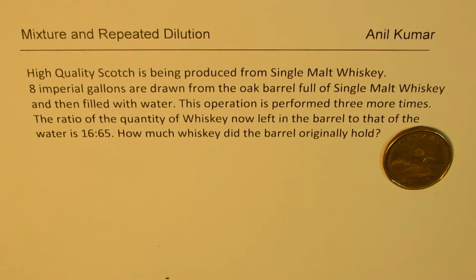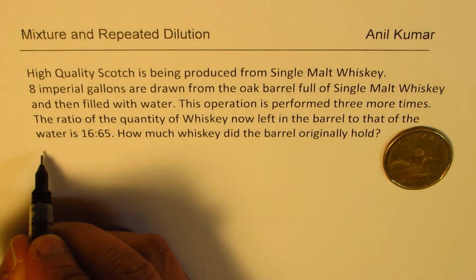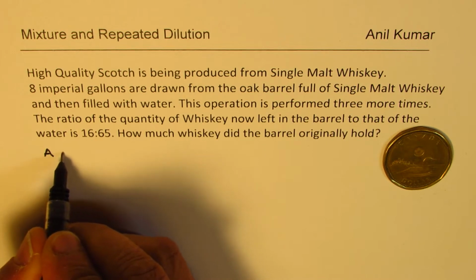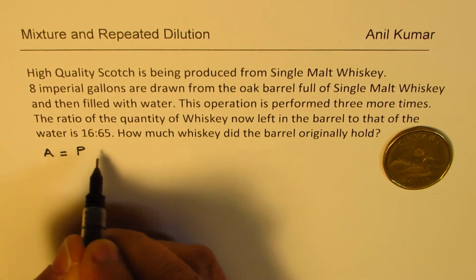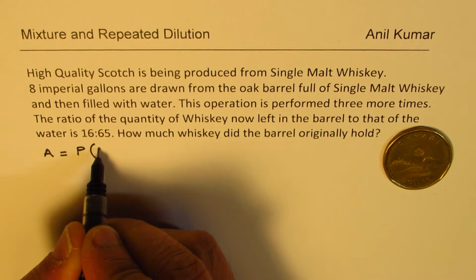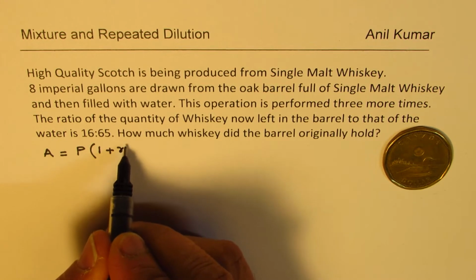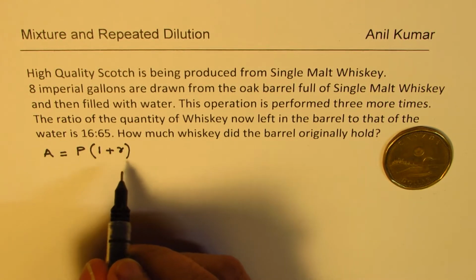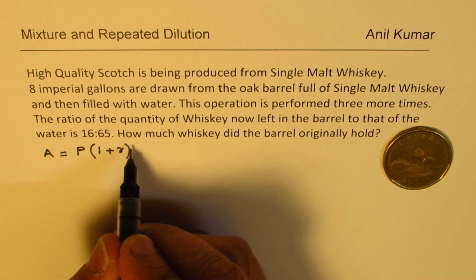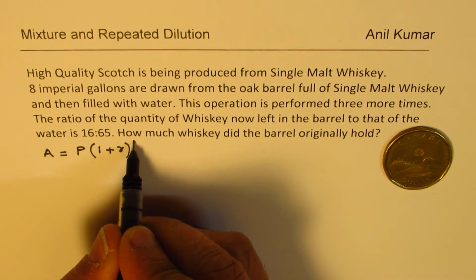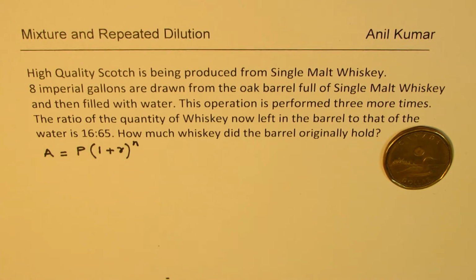In compound interest, the final amount A depends on the principal amount P, and the rate of growth, which is added to 1, to the power of the number of times we compound it. This is the basic which gives us a clue to solve this question. We'll not get into finding this particular formula, but we'll start from here.